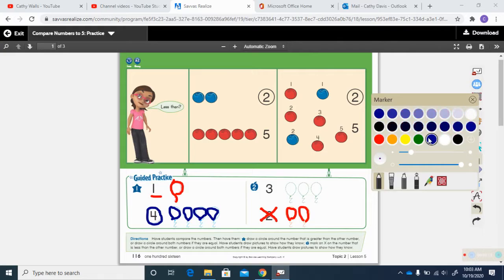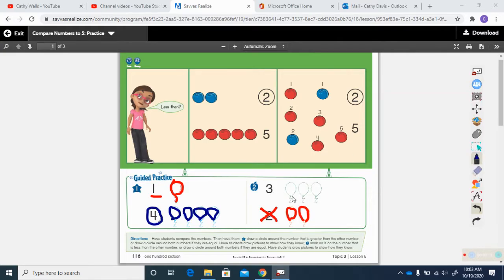Then I'm going to change colors, and this says 3, so I'm going to draw 3 circles over here for 3. And now when I look at it, I can tell there's less red ones than there are blue ones. The red ones are a smaller number. So that's how I know that 2 is less than 3.